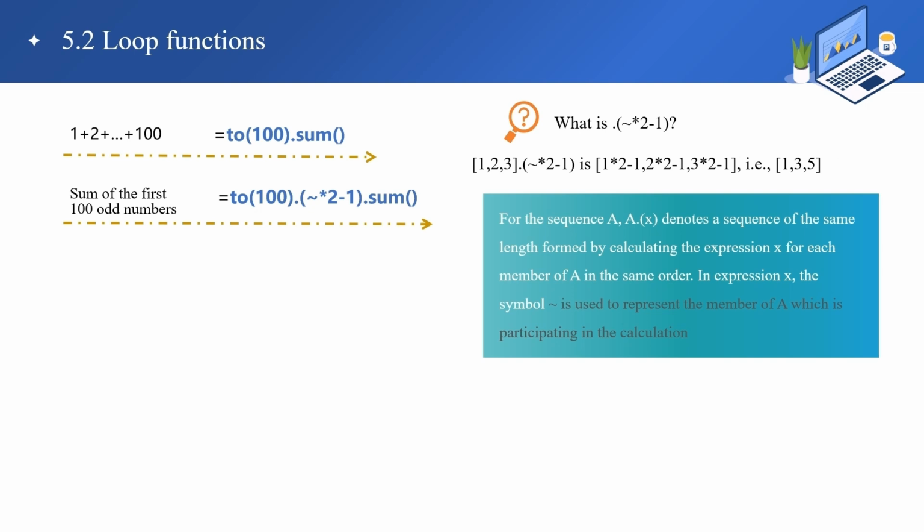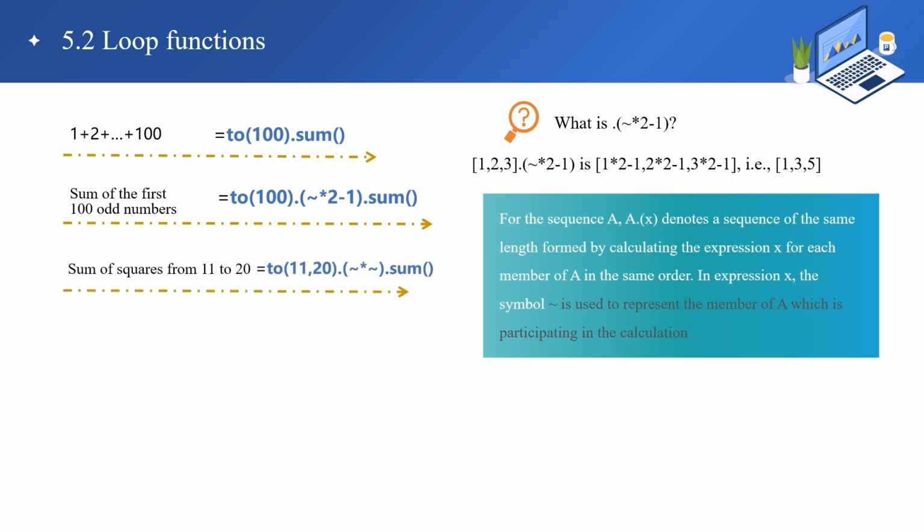The sequence 1 2 3 times 2 minus 1 is the sequence 1 times 2 minus 1, 2 times 2 minus 1, 3 times 2 minus 1, that is, 1 3 5. Just replace tilde with each sequence member in turn, and tilde is actually the loop variable when the sequence loops. In this way we can understand 2 times 2 minus 1.sum.